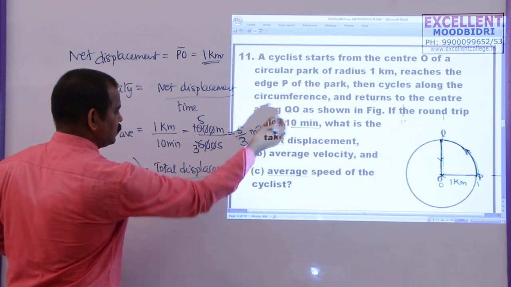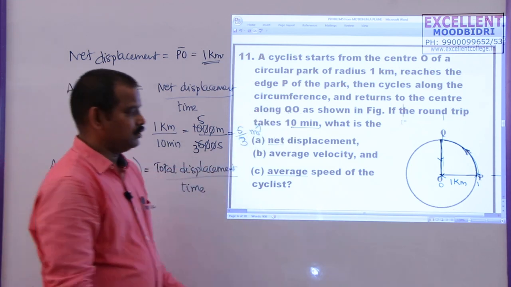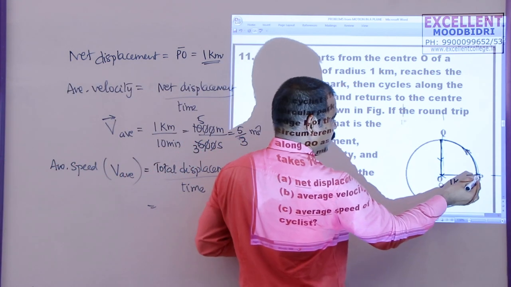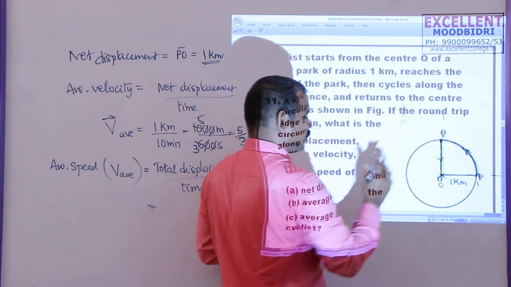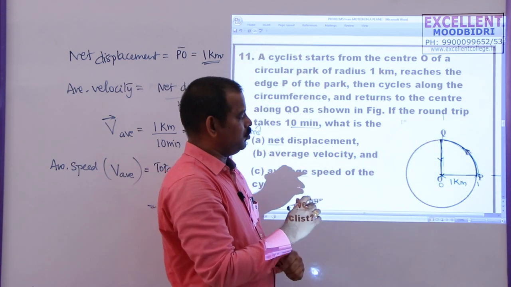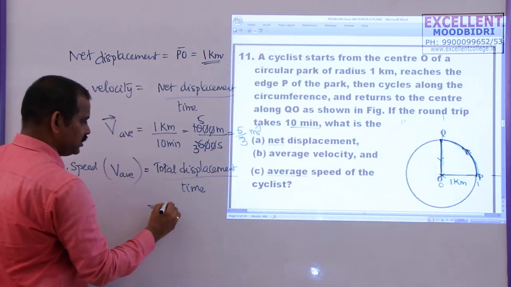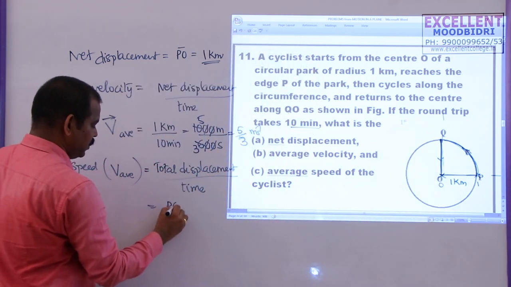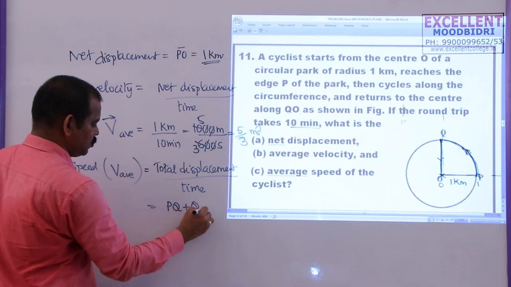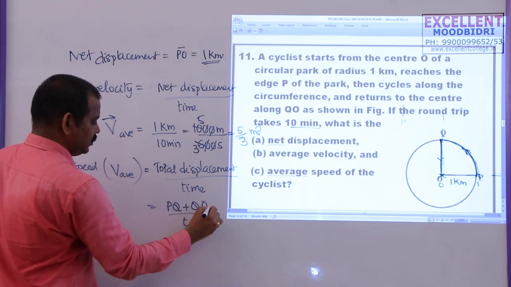Time taken is already given as 10 minutes. But what is the total distance traveled? See, he started from P, traveled 1/4 of the circumference of the circular path from P to Q, and then from Q to O. So here, total distance, let me keep it as PQ plus QO by T.